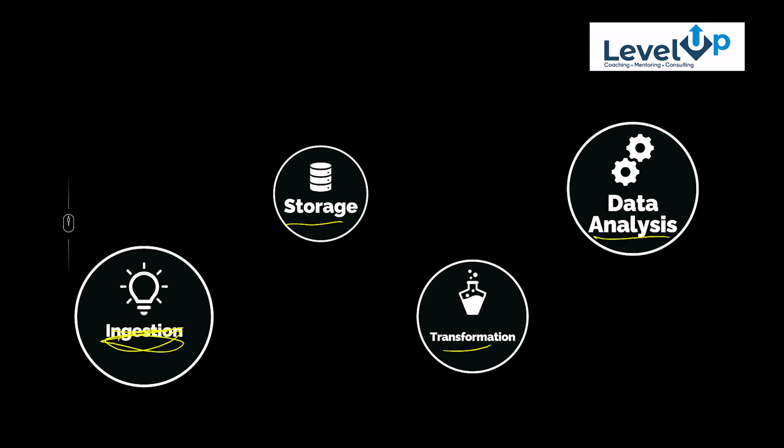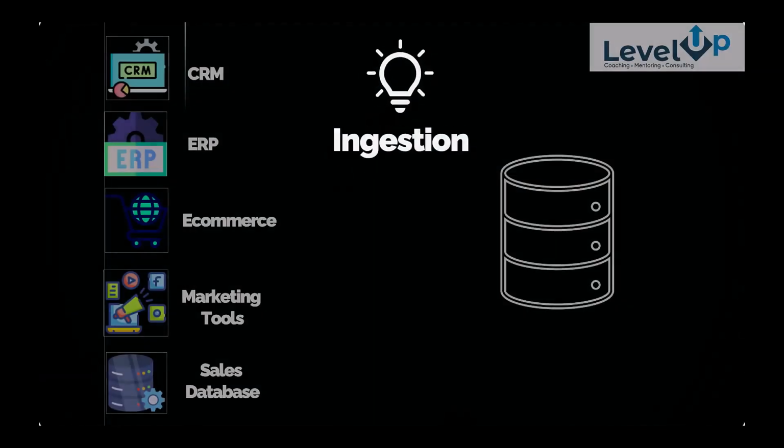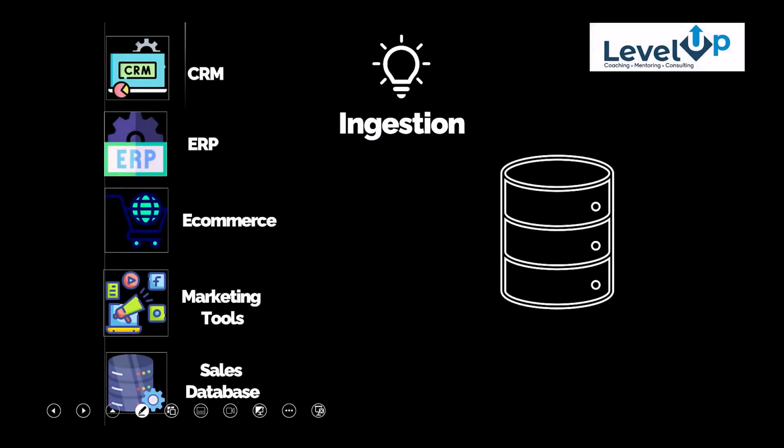Okay. Now let's go into ingestion first. One thing that we understood is that we have multiple sources of data. Now I'll show you why we need to have multiple sources and how data is stored.